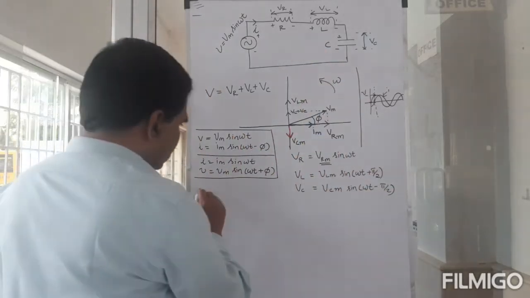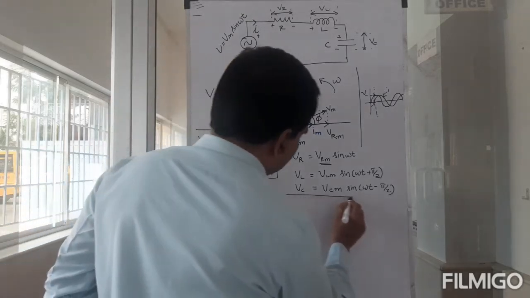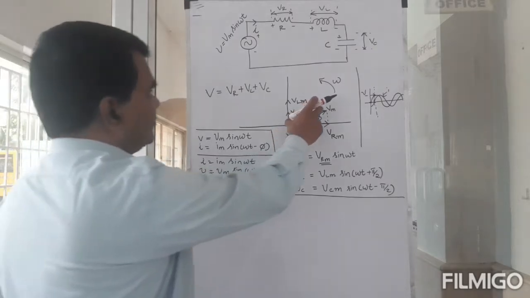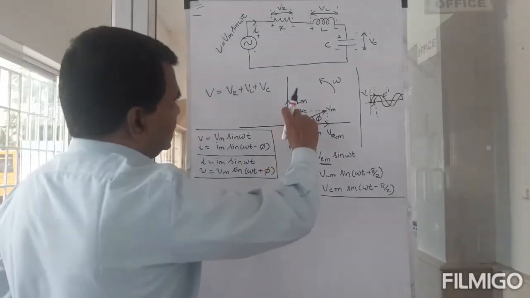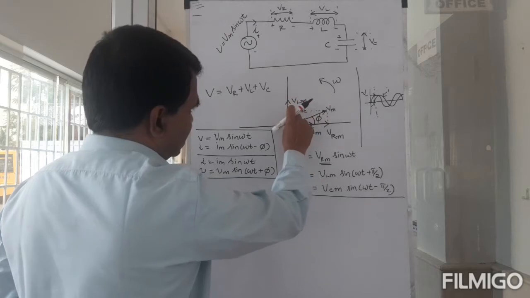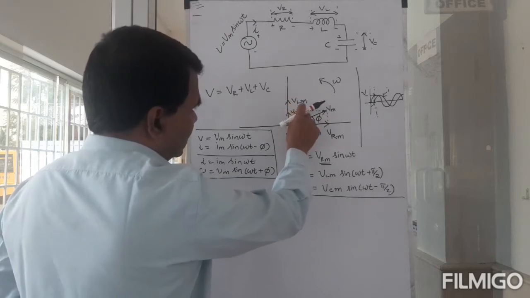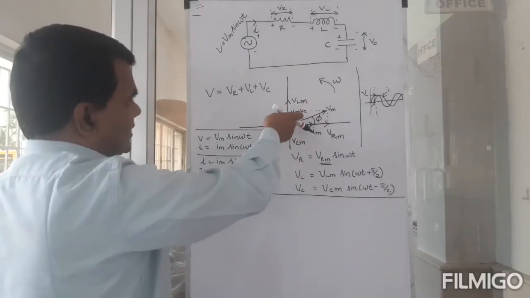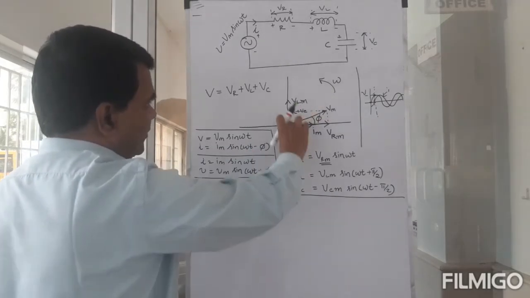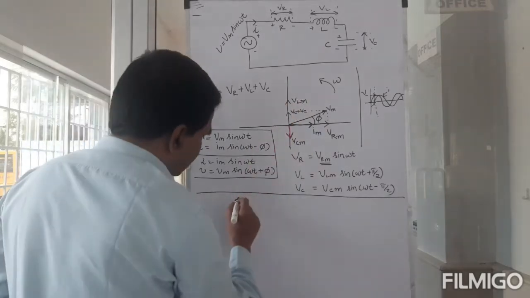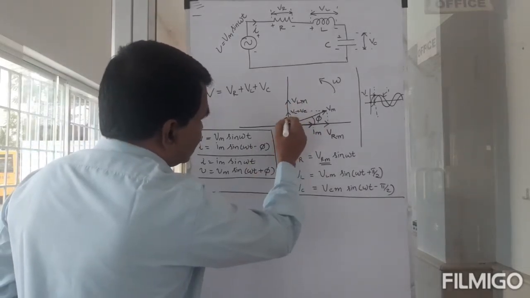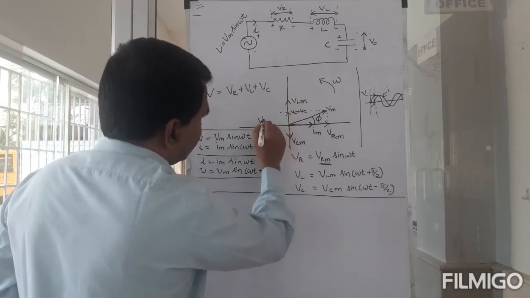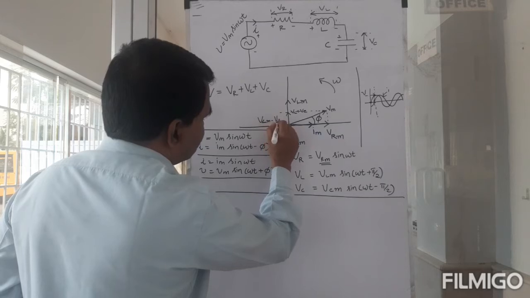Okay, now let me calculate Vm. So what is Vm? Vm is actually the vector addition of VL and VC, right? Which means that this is going to be VLM minus VCM, right?